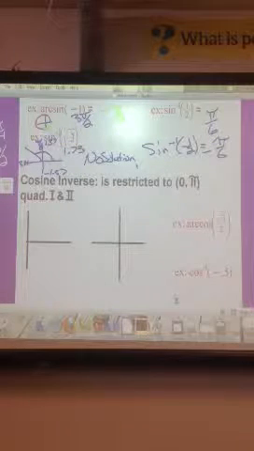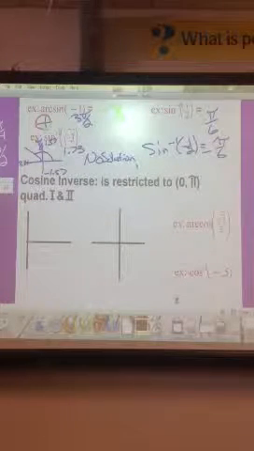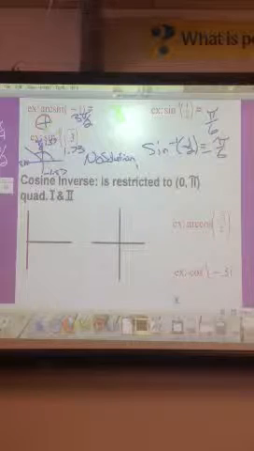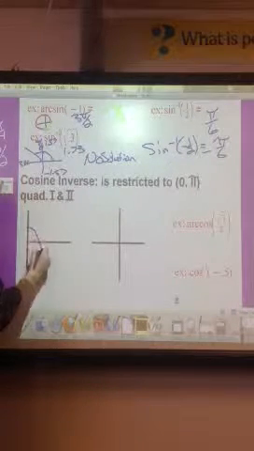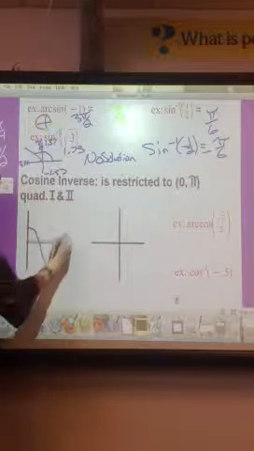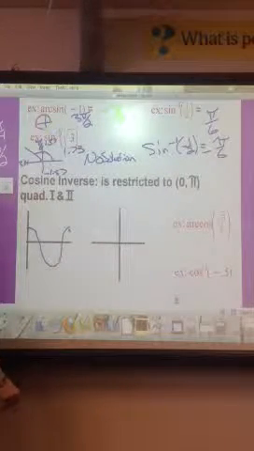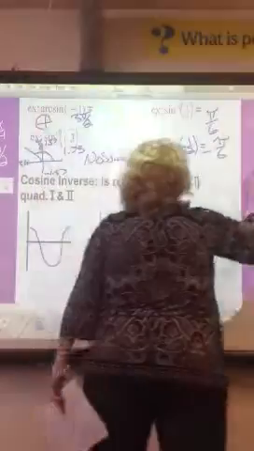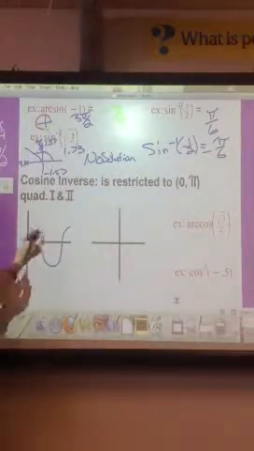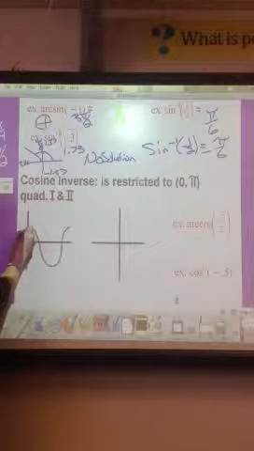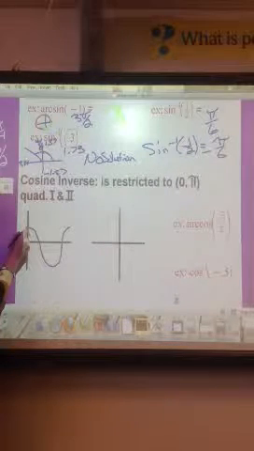Cosine inverses. Okay? Let's think about what a cosine graph means. It looks like this. Starts at 1, goes down, up, and back again. So the first thing you have to ask yourself is, where does it repeat and where does it not repeat? Well, it starts here at 0. Let me know when you get to the point where you see a repeat.